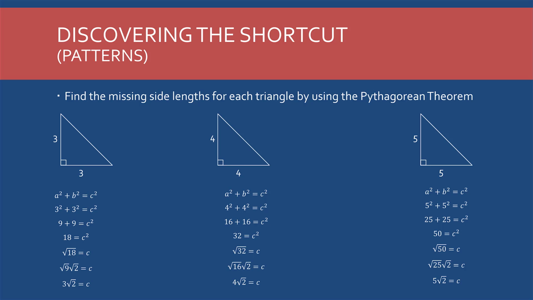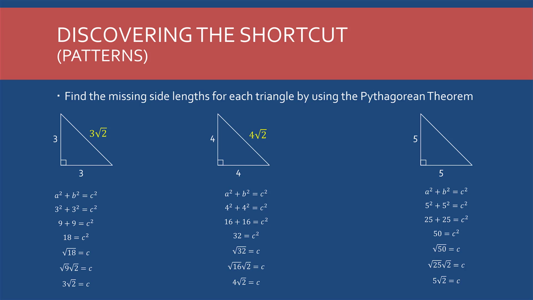So in the first example on the left, we have side lengths of 3. And the hypotenuse ended up being 3 square root 2. So the measures of all three sides were 3, 3, 3 square root 2. Let's look at the example in the middle then. I have two side lengths of 4, and the hypotenuse length was 4 square root 2.